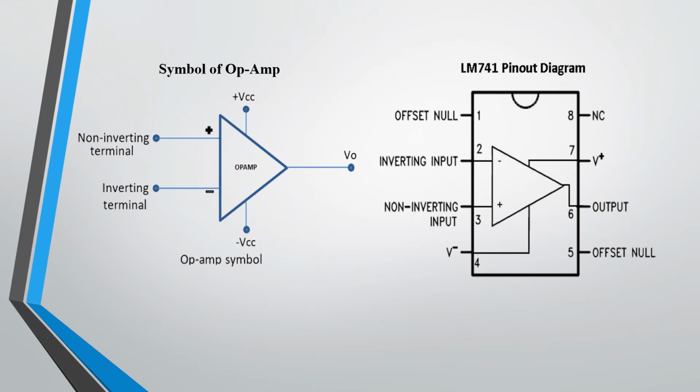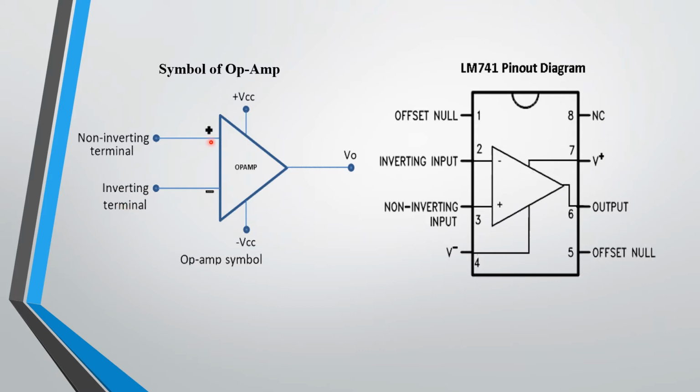Let's move forward, that is symbol and pinout diagram of operational amplifier. Now in case of symbol of operational amplifier, there are two terminals, that is non-inverting input terminal and inverting input terminal. These are used for input potential, for input condition.